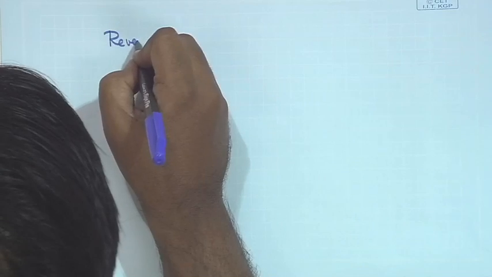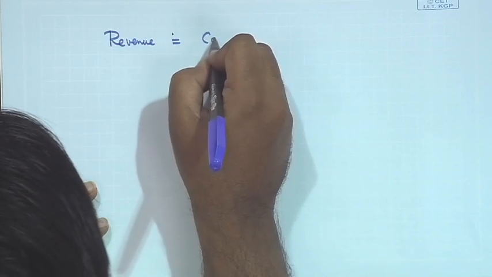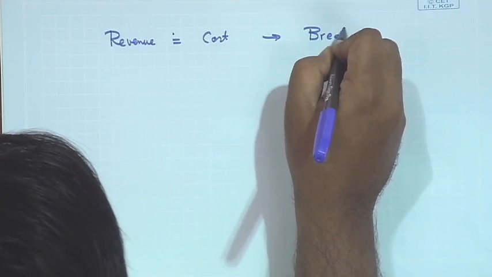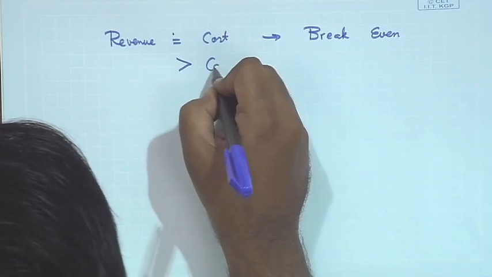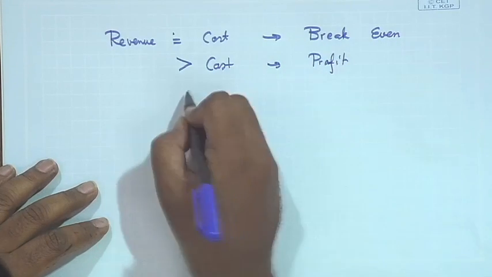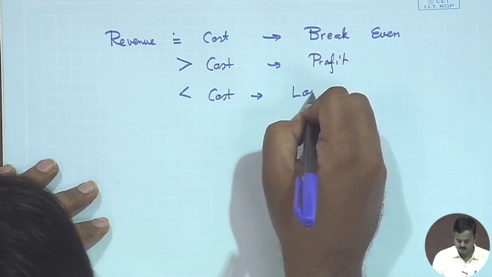So, if I look at this, this is my revenue. If revenue is equal to cost, then I am break even. Greater than cost, profit. Less than cost is loss.